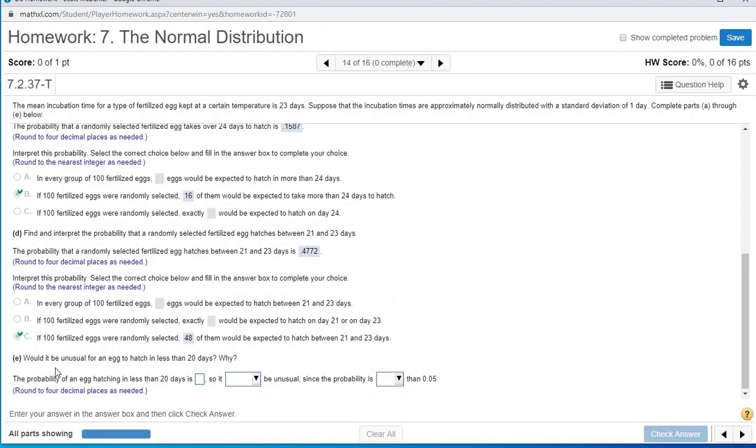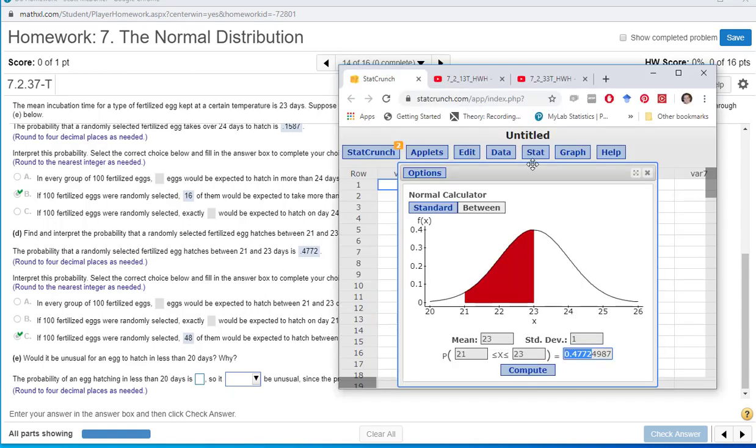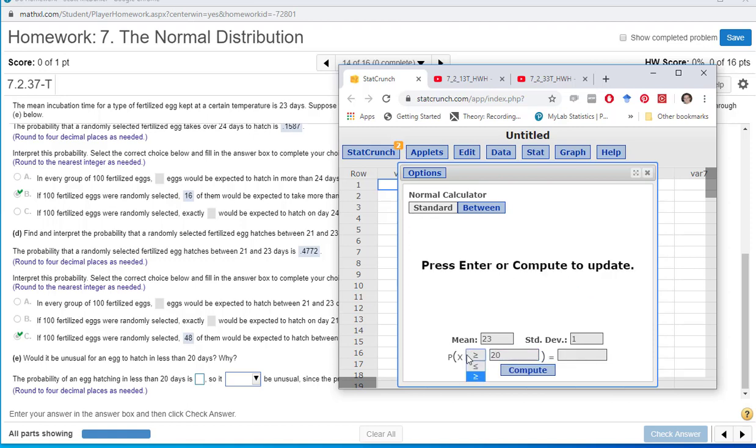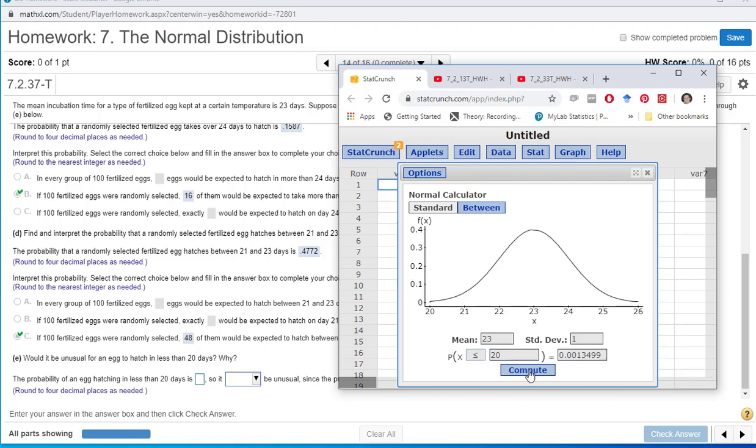Okay, the last one. Would it be unusual for an egg to hatch in less than 20 days? Using my StatCrunch, let's go back to the standard and see what this is when it's less than 20 days. Ooh, that would be unusual, wouldn't it?